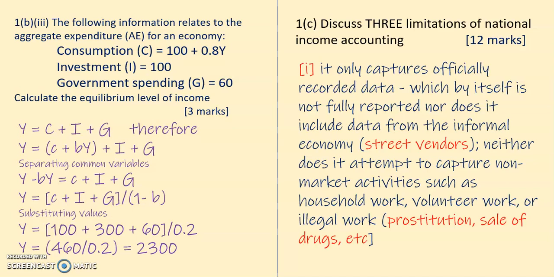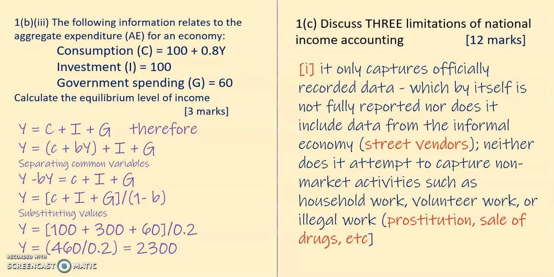And nor does it include information from the informal economy, the street vendors, the self-employed people. Well, these people don't report their information to the government, so therefore it's not going to show up in the statistics.